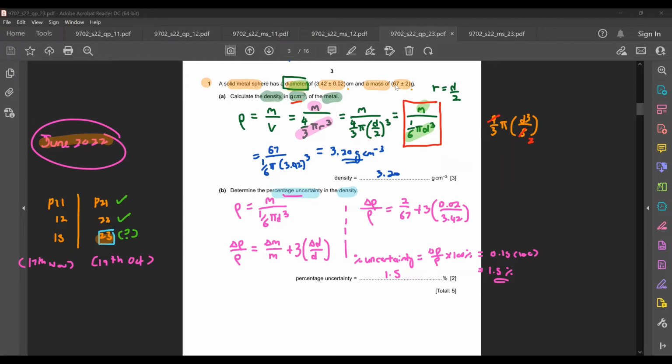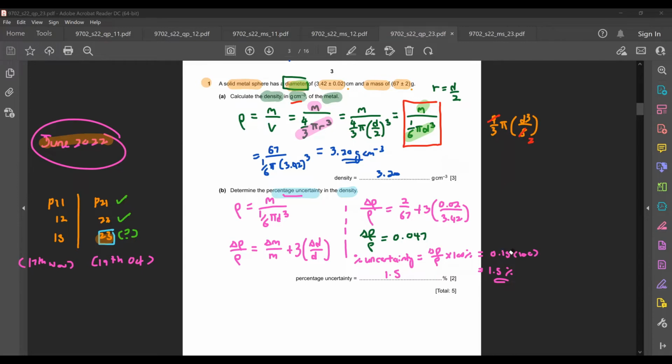So this one should have been just delta rho over rho, 2 over 67 plus 0.06 divided by 3.42. I'm going to get 0.047.